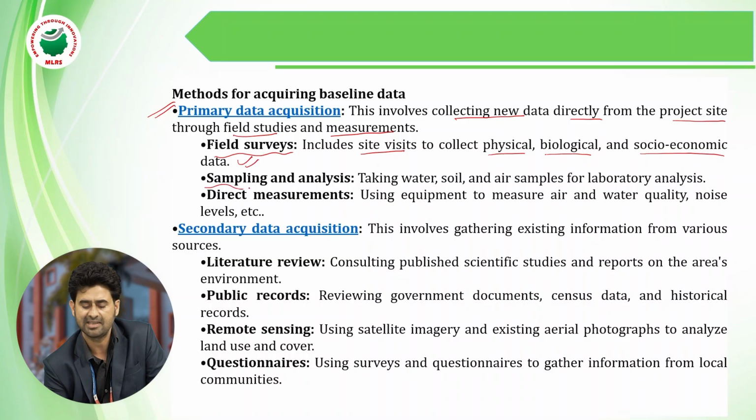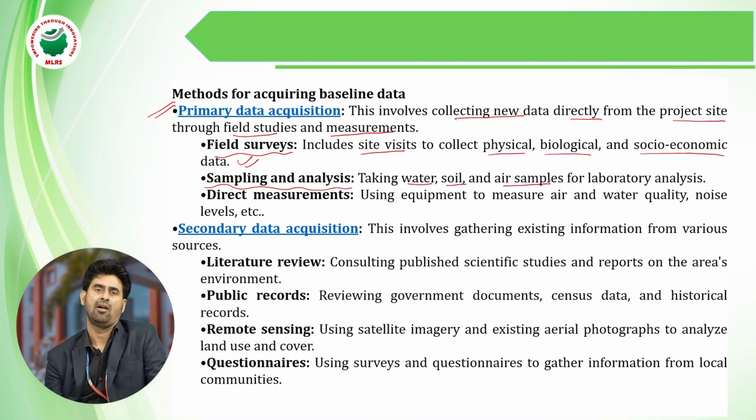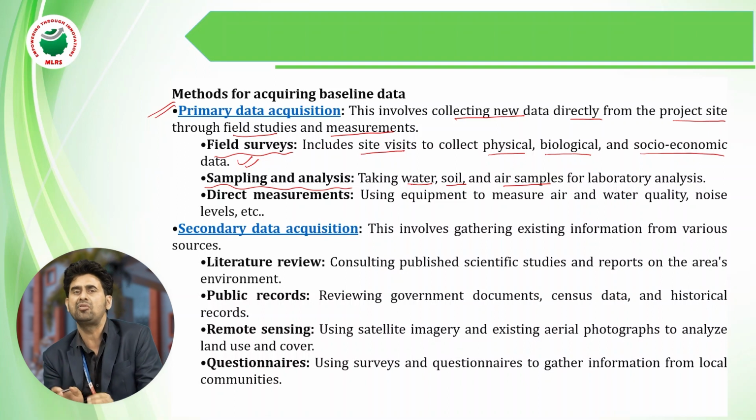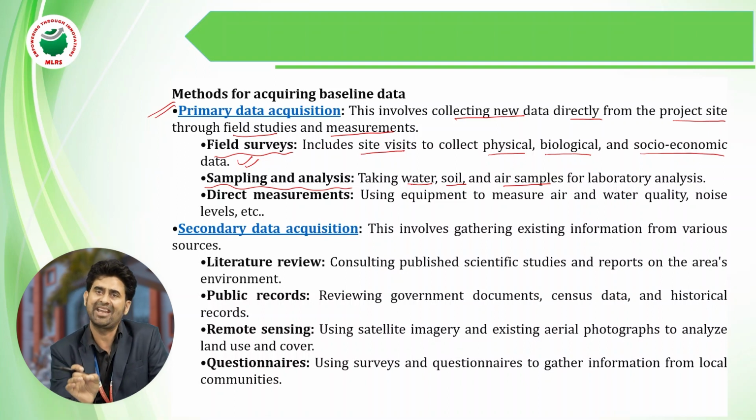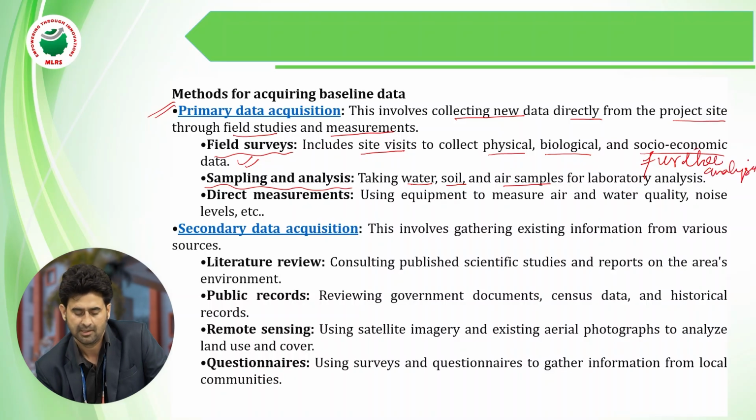The second one is sampling and analysis. In sampling and analysis, we take water, soil and air samples and then transfer those samples to the laboratories where we can test these samples for further analysis. And one more is direct measurements.